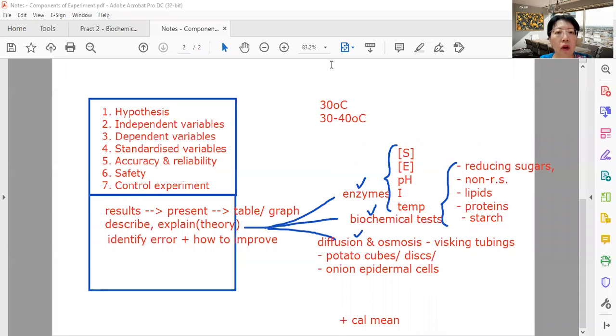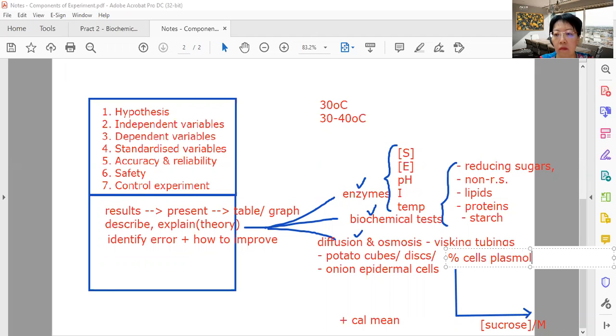So I do not know whether you know about this graph or not. When you look at the percentage of cell plasmolysed, it will tell you what is the water potential of the cell. So this is the concentration of sucrose solution, probably in molar, and then this is the percentage of cells that are plasmolysed.